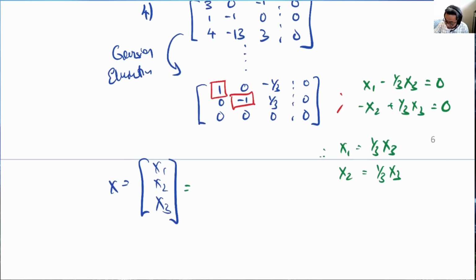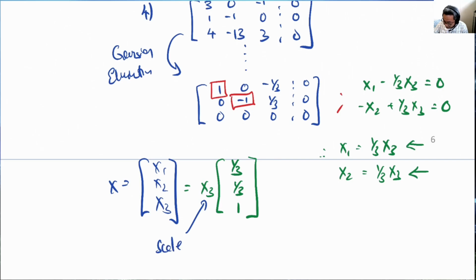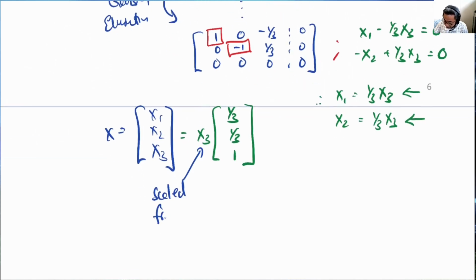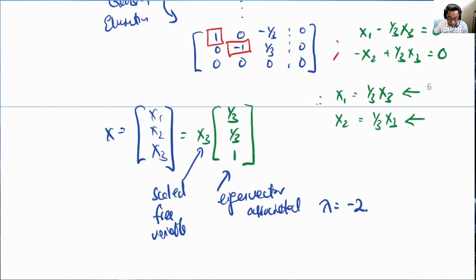Therefore, we make x3 the free variable, and we can put 1 third here for the first entry, and the other one is also 1 third for the second entry for x2, and the last one is 1. What we have found is that this is any scaled version because this is the free variable, and this is the corresponding eigenvector associated with lambda equals minus 2.